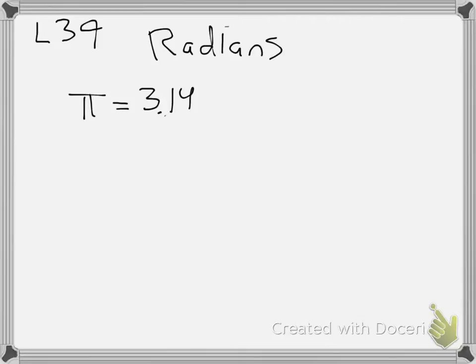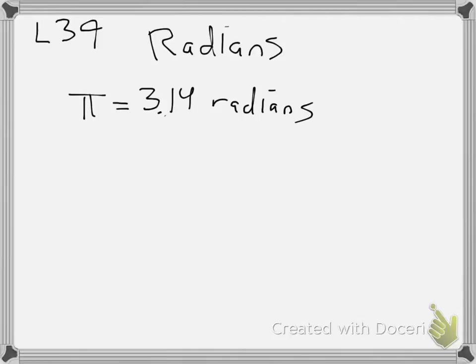Now, this is pi, guys. This is radians. So, anytime you have pi or any form of pi in sine, cosine, or tangent, or as an angle, you know you are in radians.